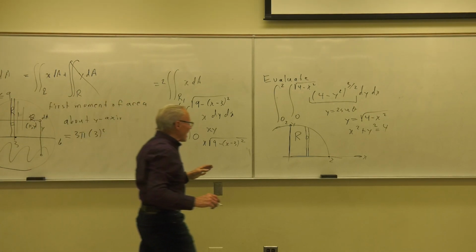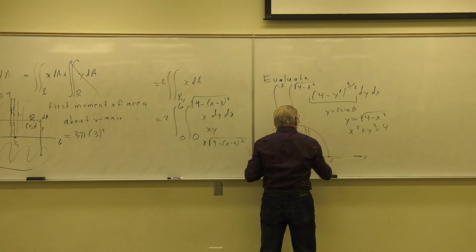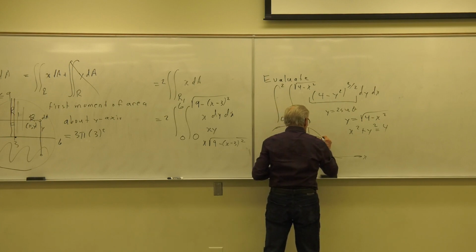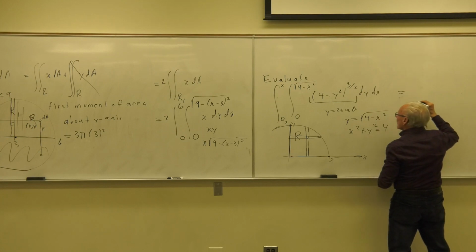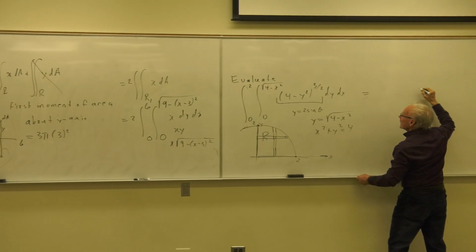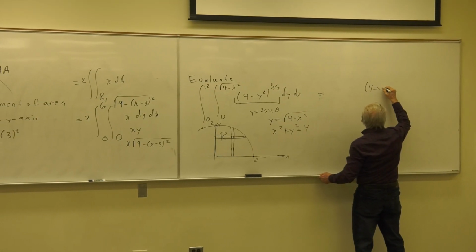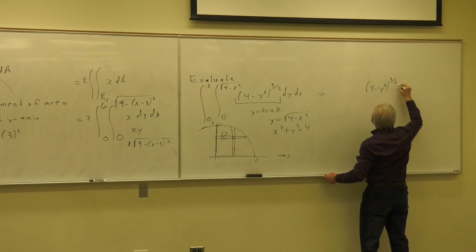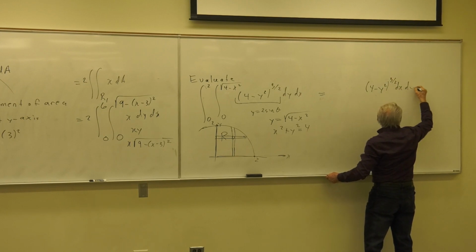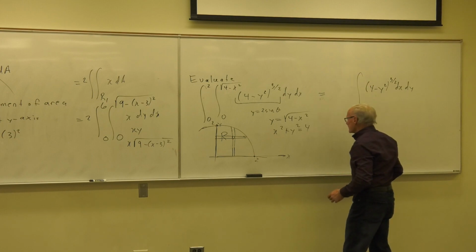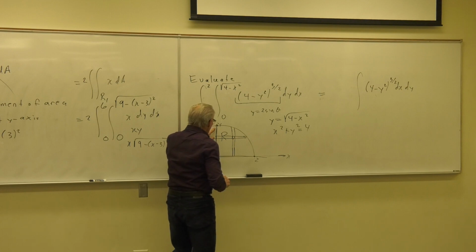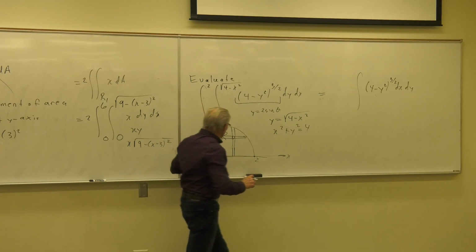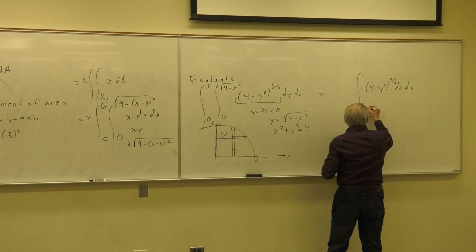Let's consider now switching from vertical strips to horizontal strips. So we will have the integrand (4 minus y squared) to the 3 halves, dx dy. X limits: we're taking horizontal strips, right? Lower limit, where all the horizontal strips start, is when x is 0.